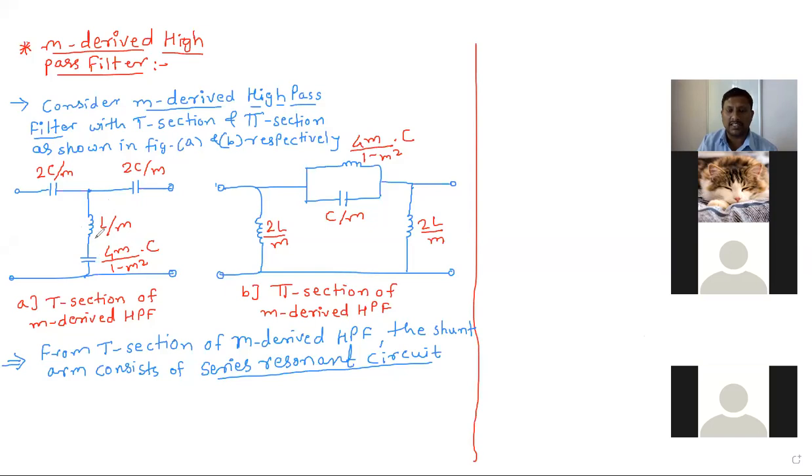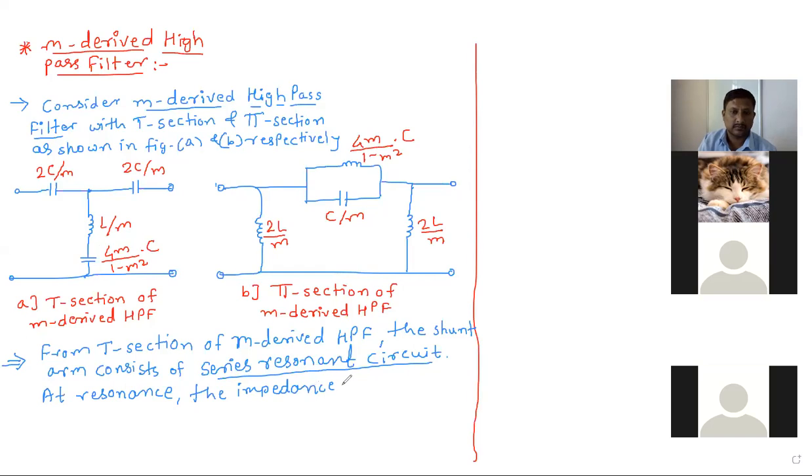In the series resonance circuit, at resonance frequency, what is the impedance? What is the impedance in the series resonance circuit at resonance? Anyone? At resonance, the impedance is 0, because there are no resistors.